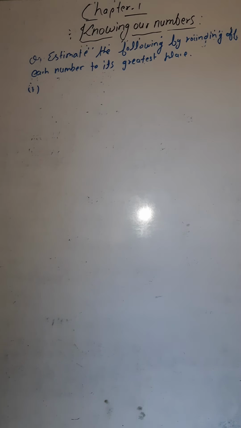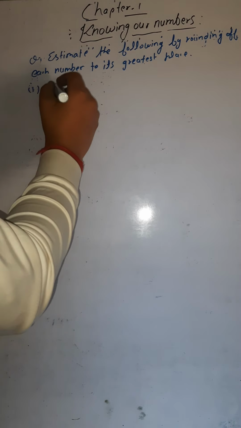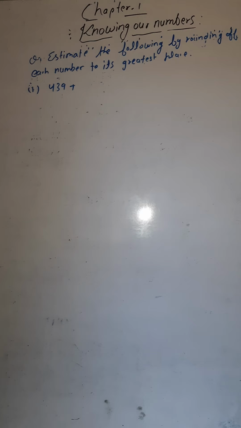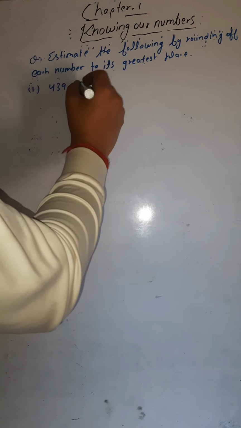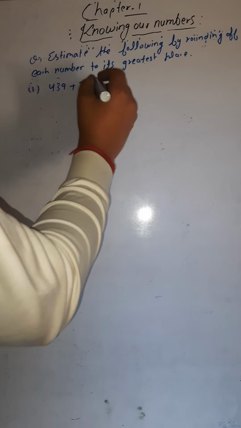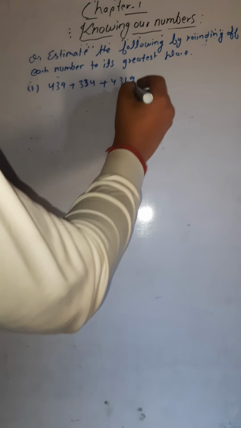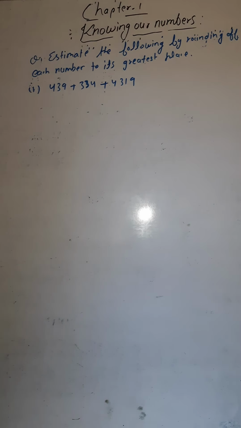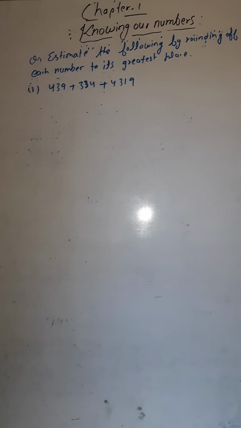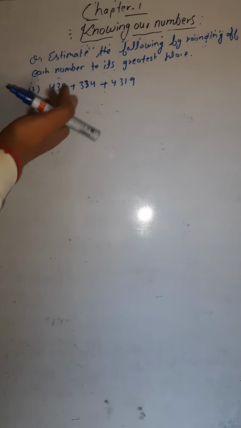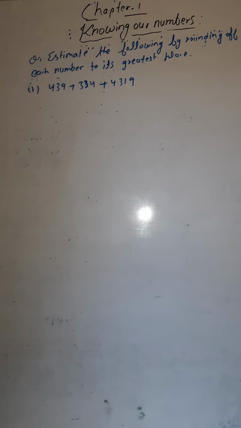The first question here is 439 plus 334 plus 4319. So here you have to round these numbers to their greatest place.